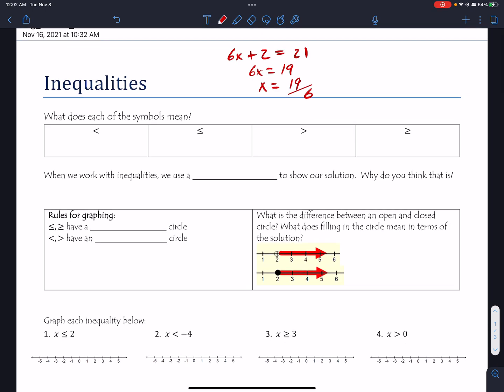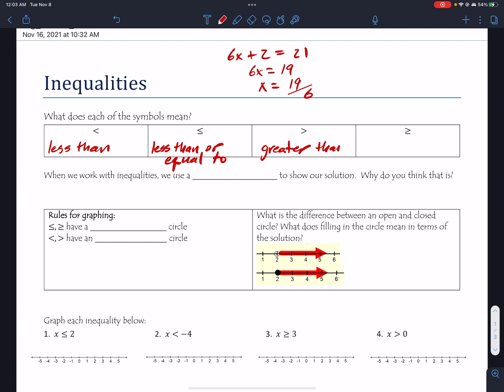This first one, where the symbol is kind of the arrow pointing to the left, literally means less than. The next one means less than or equal to. The next one is greater than.